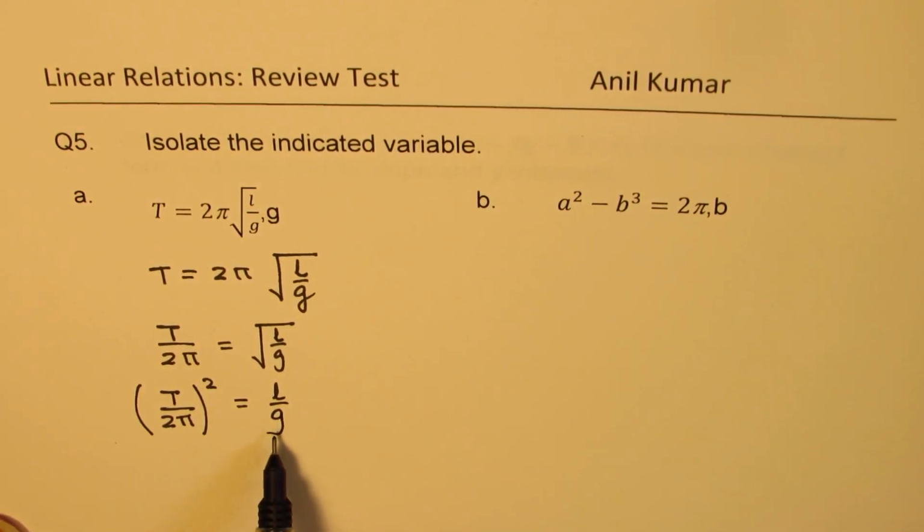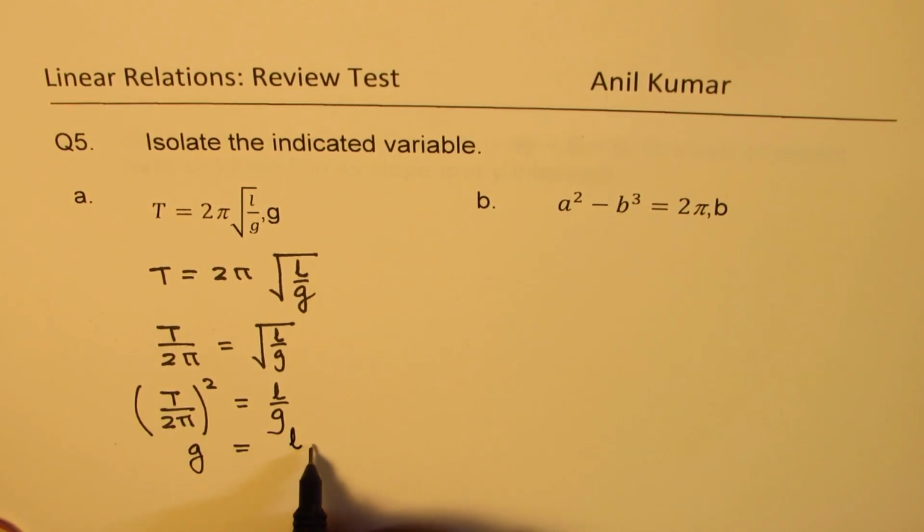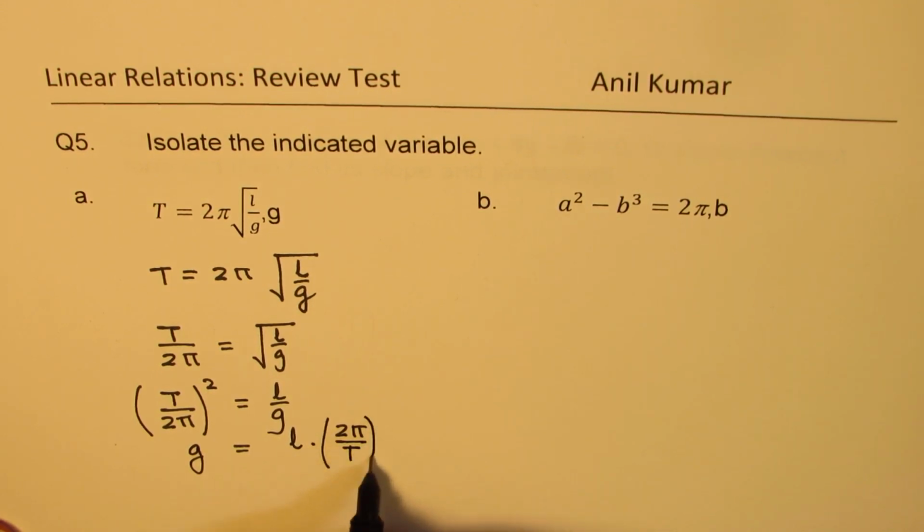Now to isolate g, we will cross multiply, and then we can write g as equal to L times 2 pi whole square over T square. Is that clear, right? So we wrote g equals L times 2 pi whole square over T square.